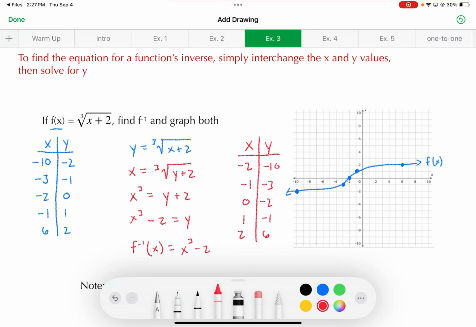Negative 8 minus 2 is, in fact, negative 10, right? So let's go ahead and plot all those. Okay, and notice we still have that reflection of the two graphs over y equals x.